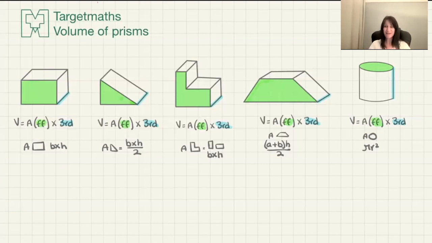If you're very secure on them, then you can clearly see from the formula: do your area work, and then you're going to times through by one number. So I'm going to do a couple of examples so you can see this in action, but that there is everything in a nutshell.